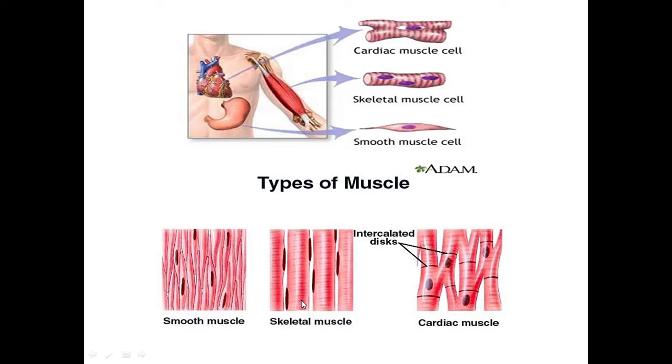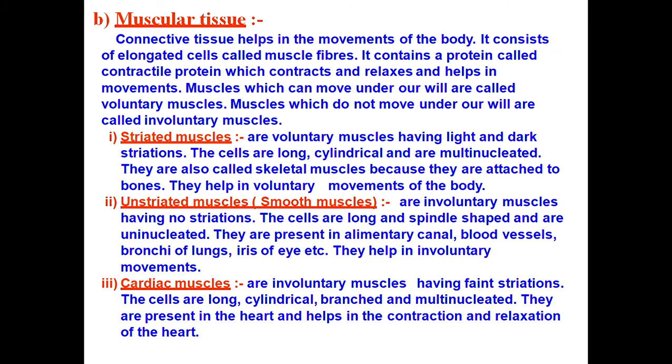Because of this, they are known as striated muscles, and they are multinucleate. They can have many nuclei. These muscles help the movements of the body, so they are mainly in all those parts where the movement is controlled by our will. So they are present mainly in the limbs, in our hands and legs.